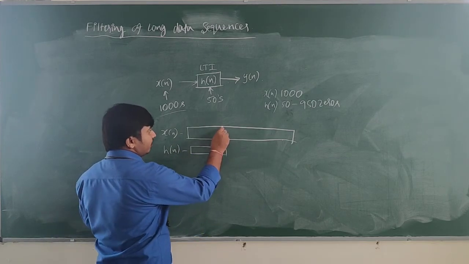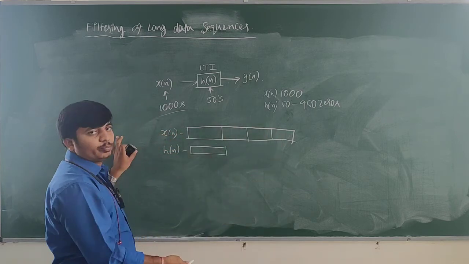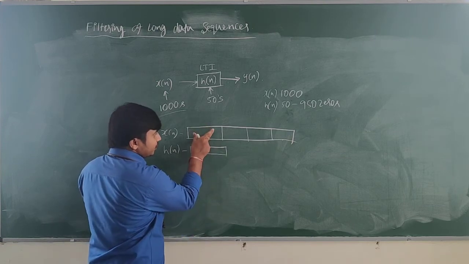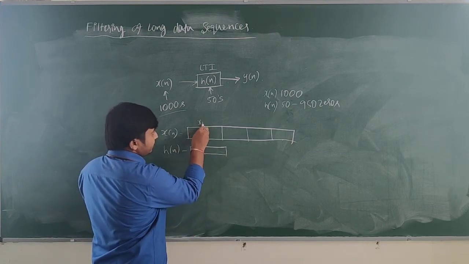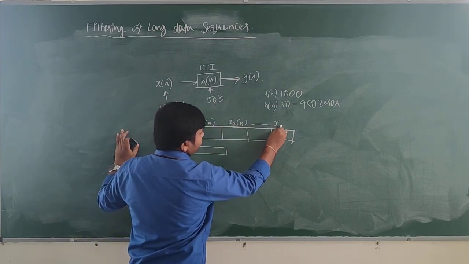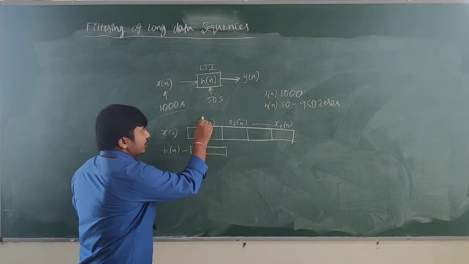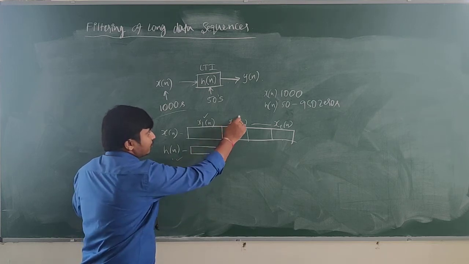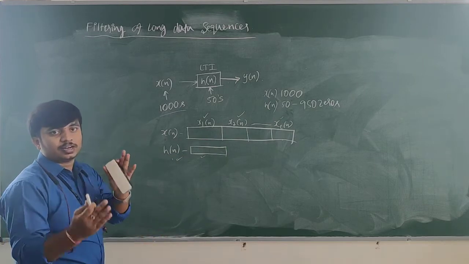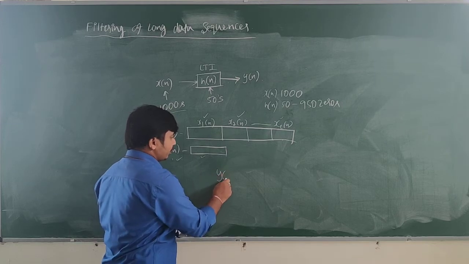I cut this long data sequence into several blocks and perform the convolution on each block. Call them x1 of n, x2 of n, up to xl of n. So I perform x1 of n with h of n, x2 of n with h of n, up to xl of n with h of n. At the end I combine all the results to obtain y of n.